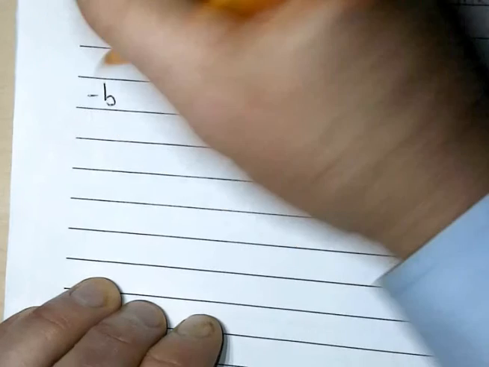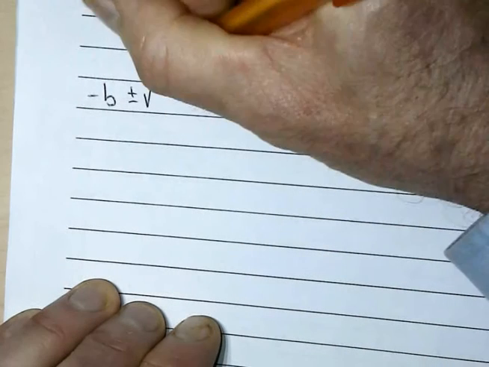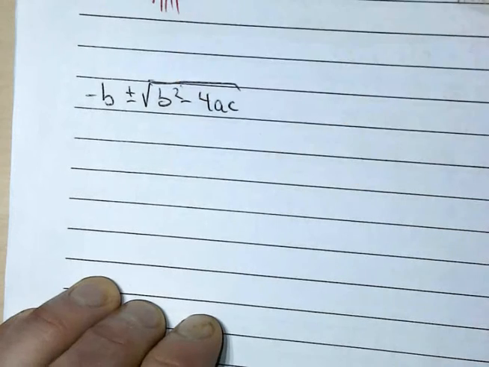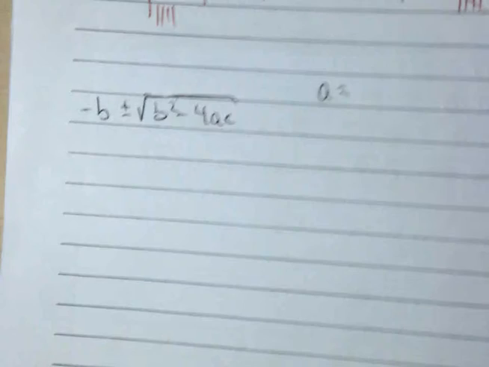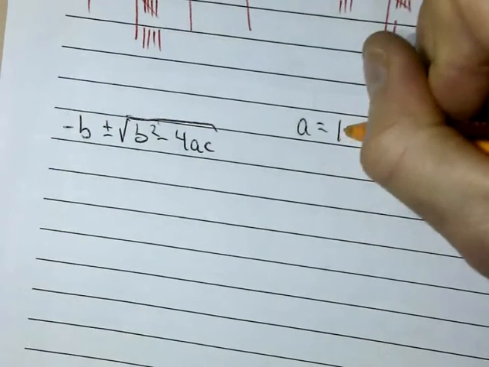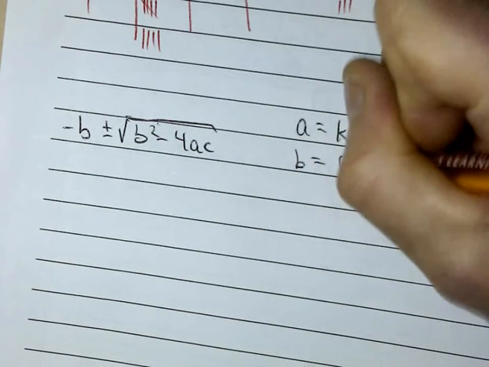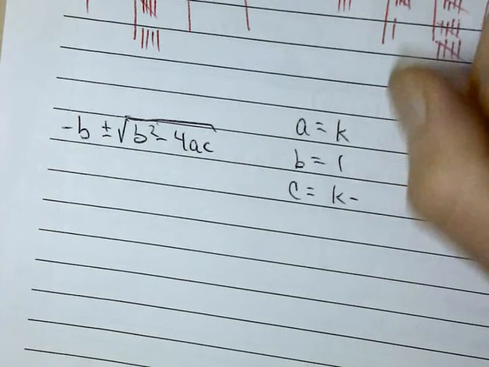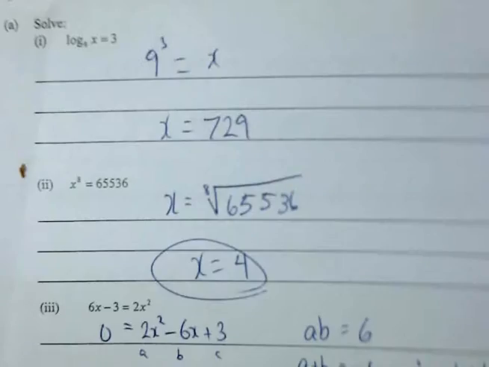We're going to be using the quadratic formula, opposite of b, plus or minus square root b squared minus 4ac. A in this one was equal to k, b was equal to 1, and c was equal to k minus 1. Yes, k minus 1.